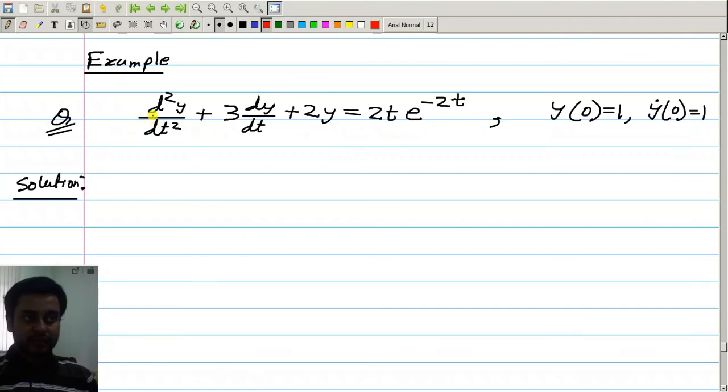Suppose another second order differential equation is given with the input equal to e to the power minus 2t multiplied by this polynomial, which is 2t, and boundary conditions are y0 equal to 1 and y dot 0 also equal to 1.